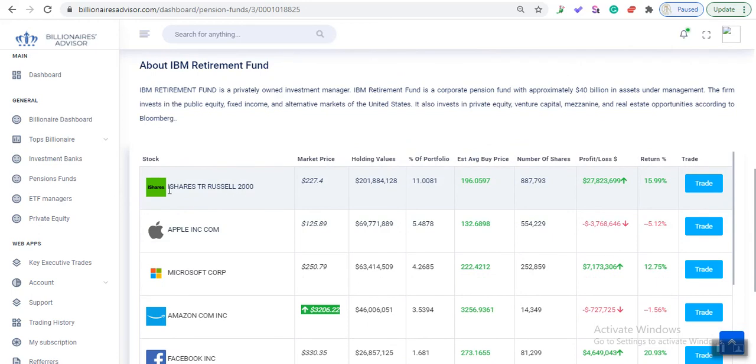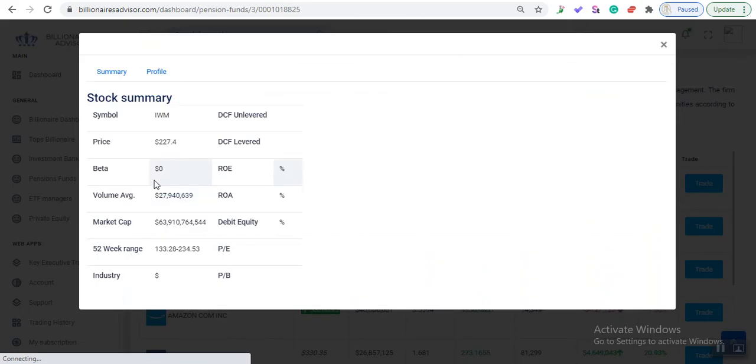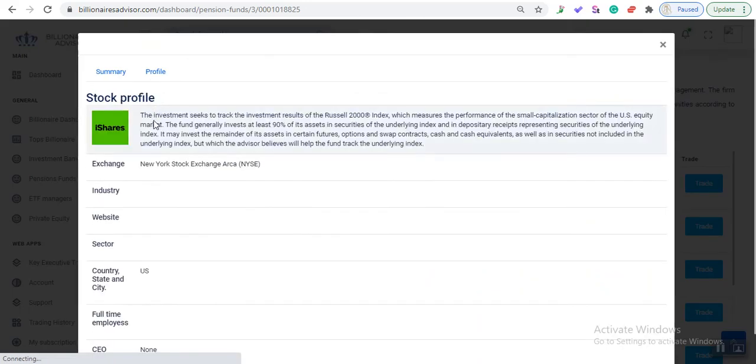What is this actually? So you simply click on the logo, you click on profile, and it will break down what this is. It measures the performance of small cap stocks in the US equity market. So small cap means basically smaller companies, or companies that are not the name brands.